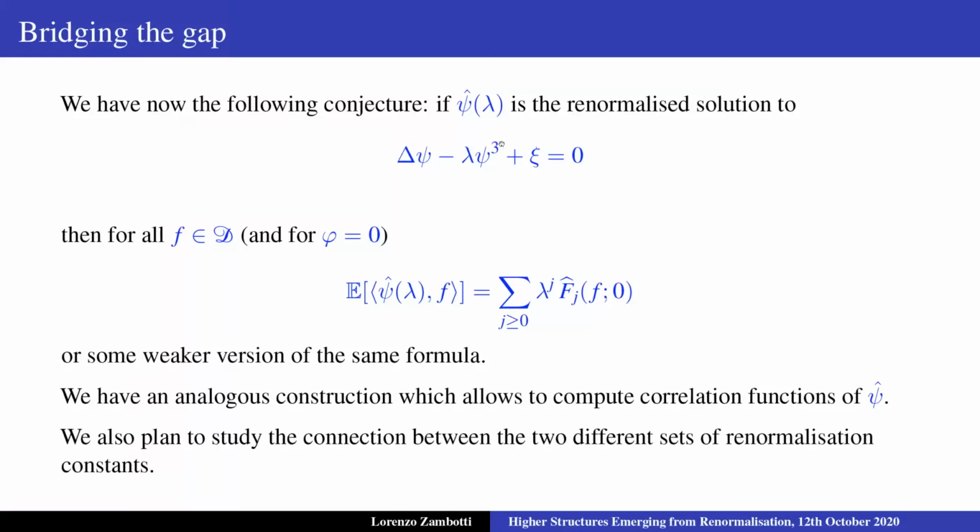We consider the renormalized solution to this PDE, the true object, which is well defined; it is a distribution and depends on lambda. I test it against a test function f, I take the expectation, and this may be the series of lambda to the j, f hat j, with phi equal to 0. Maybe the series is not convergent, but then this can be recovered in the sense of the derivatives in lambda computed at 0.